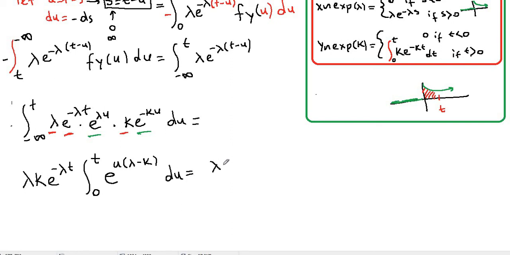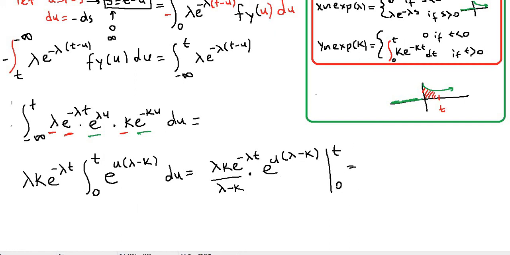So we have lambda kappa e to the negative lambda t, and the antiderivative of this function is 1 over (lambda minus kappa) times e to the u times (lambda minus kappa), evaluated from 0 to t.